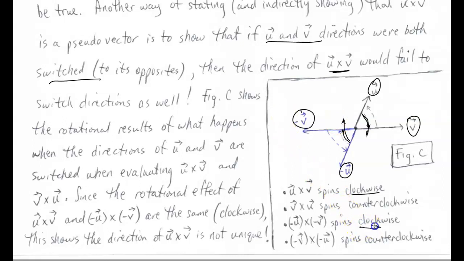And so if this commutative property under cross product worked purely just like it does in the real numbers, then if I switch the direction for both of the vectors, the direction of the cross product should switch as well. So I should get something like minus vector u cross minus vector v would end up being minus vector u cross v.